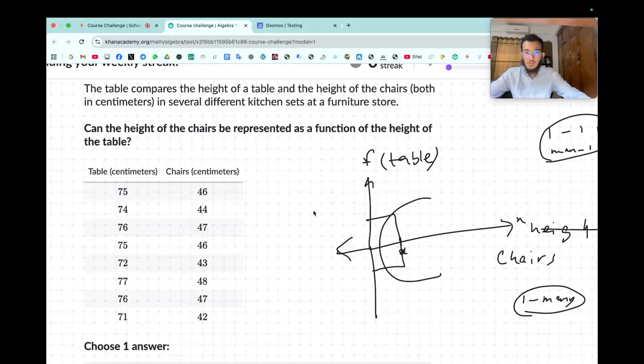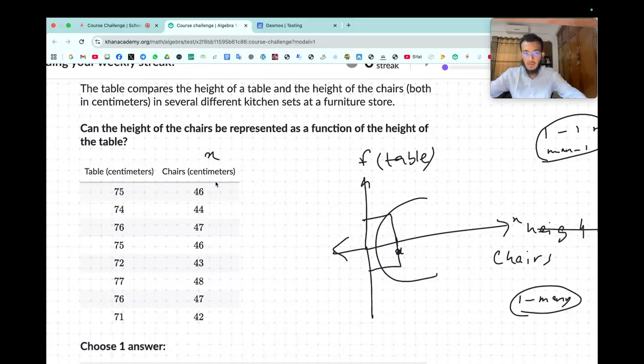So our job is to check the x values, and check whether for the same values of x we have multiple values of y or not.